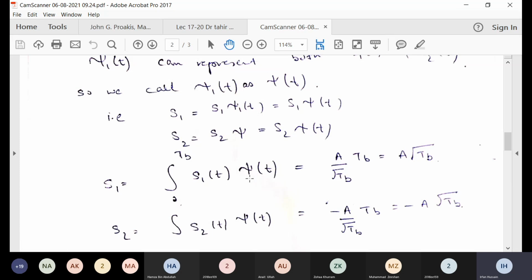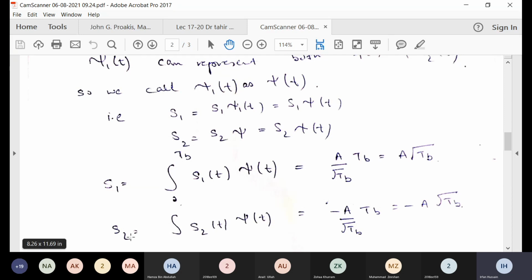And the projection of S1 onto psi comes out to be A times the square root of TB. The height of S1 is A and the height of psi is 1 over the square root of TB. It will come out to be the product of A and 1 over the square root of TB, times the width TB. So it comes out to be A times the square root of TB.